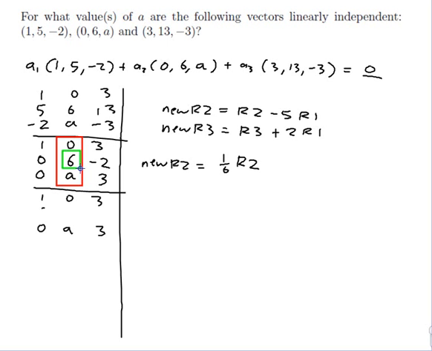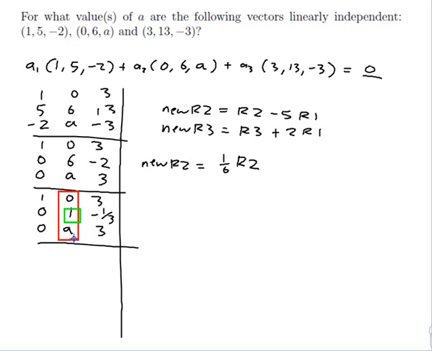Row 2 is 1/6 of 0, which is 0, 1/6 of 6, which is 1, 1/6 of minus 2, so that's minus 2 over 6, which is minus a third. So I want this to be the identity matrix column. I've already got the 1 where I want it, I just need zeros above and below.